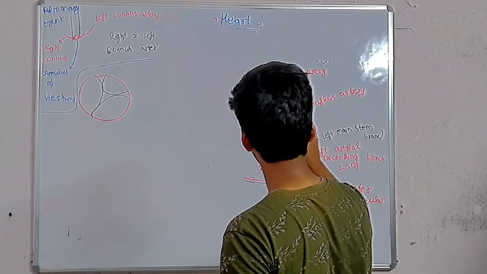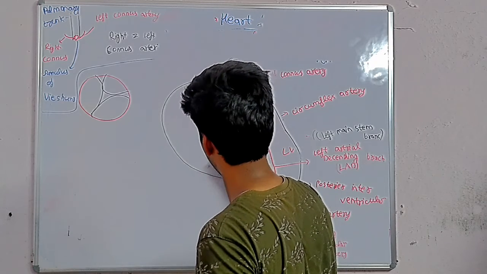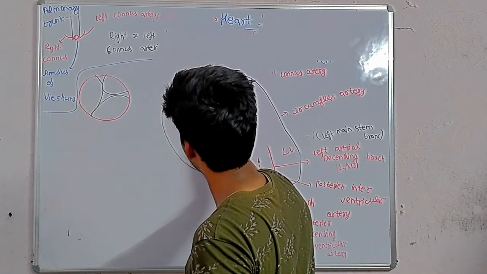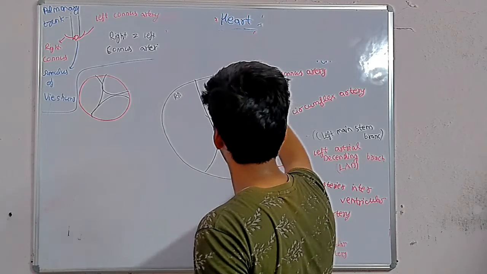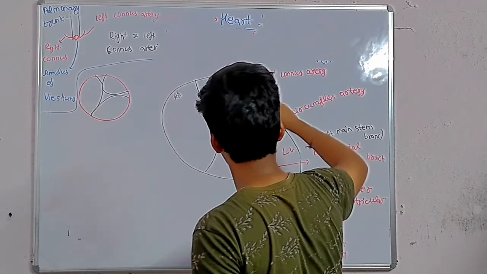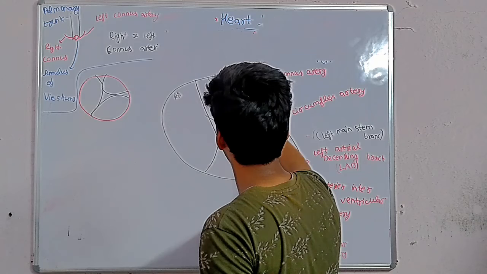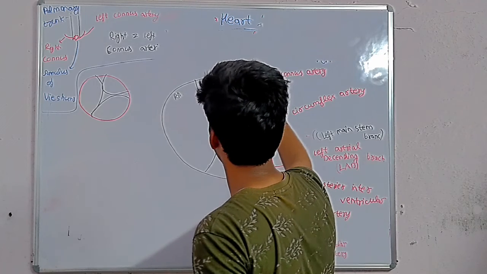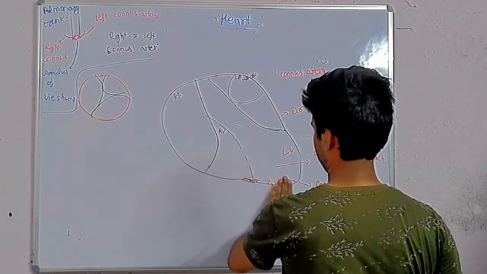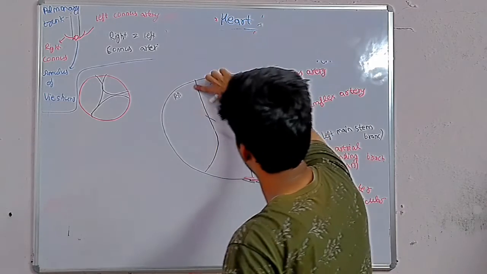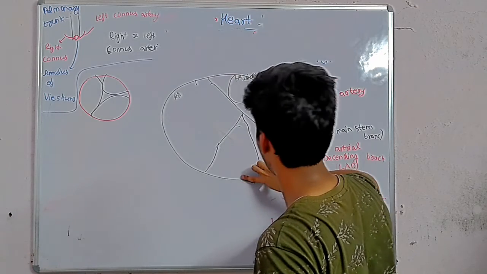This is our heart. I have written RA, RV and RA. This is the auricle, the left auricle. Done. Left auricle, auriculae, not artery. This is complete.